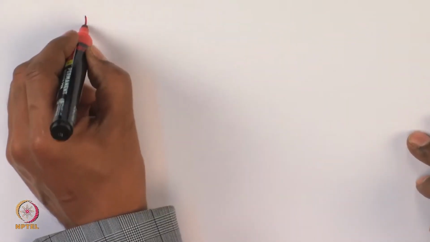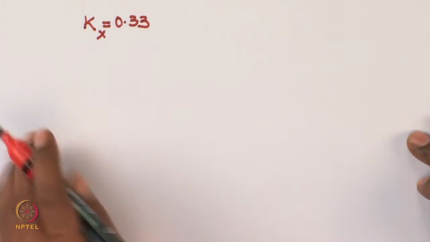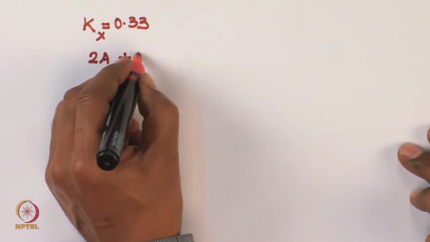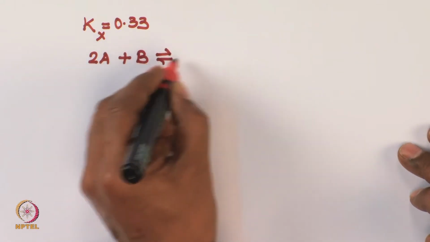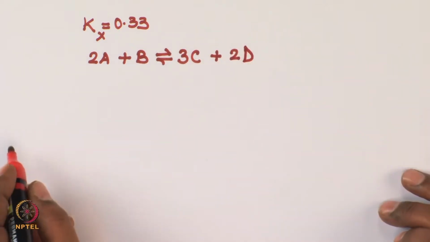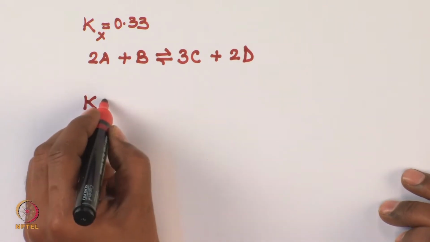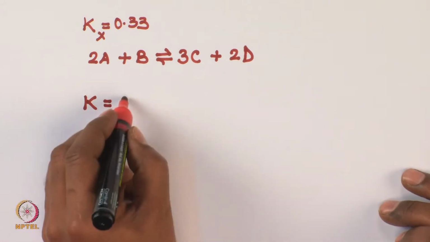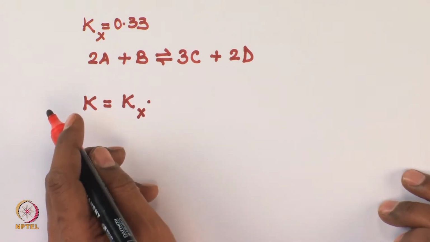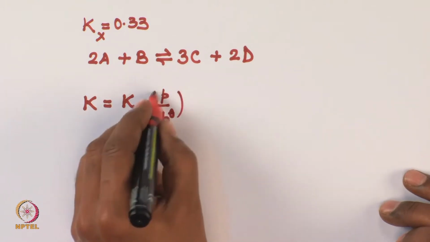If we have Kx equal to 0.33 and the reaction is 2A plus B in equilibrium with 3C plus 2D, and we just in the previous lecture derived this equation, K is equal to Kx into P by P naught raised to the power delta nu.